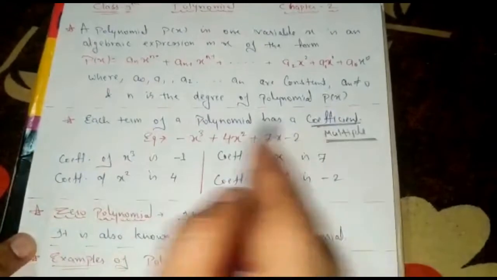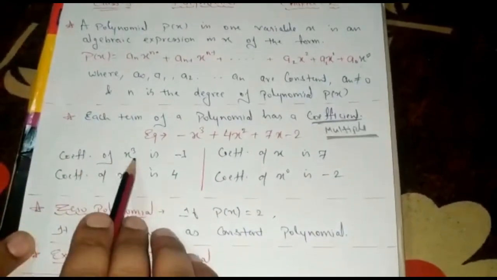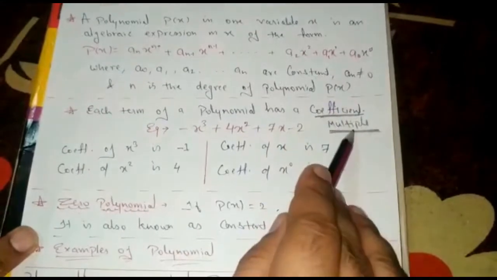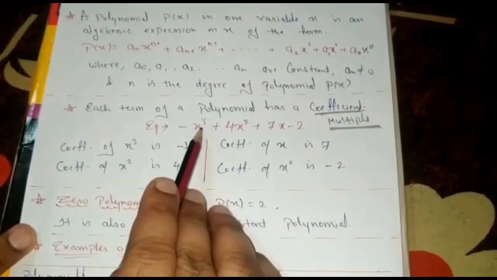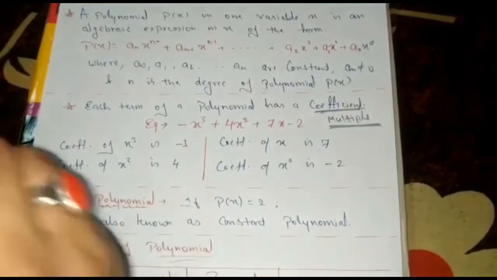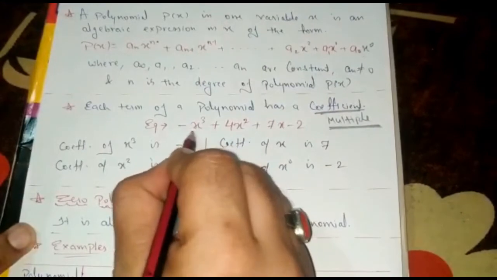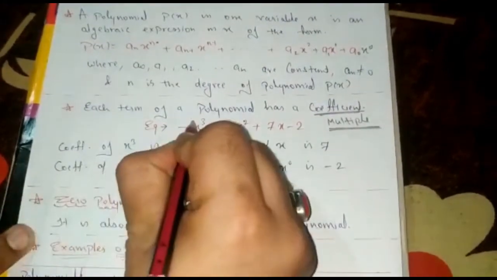We have to understand many things with this particular equation. Coefficient of x^3: coefficient means multiple. The multiple of x^3 in this equation, we see nothing written. If there is nothing multiplied with a particular term, that means 1 is always there.